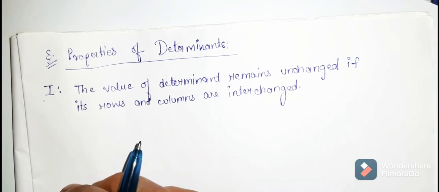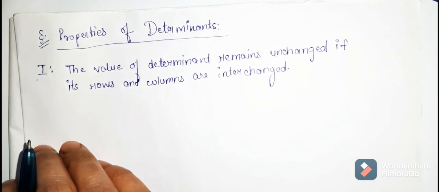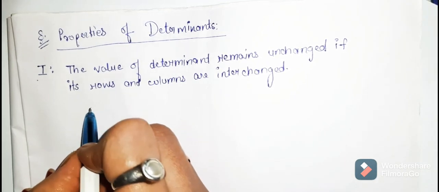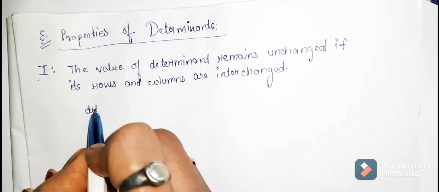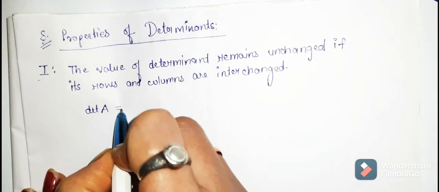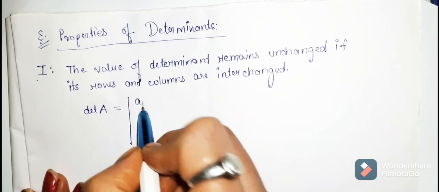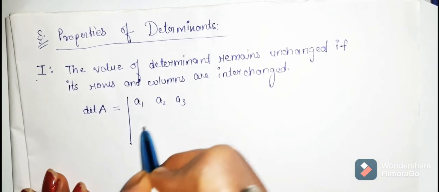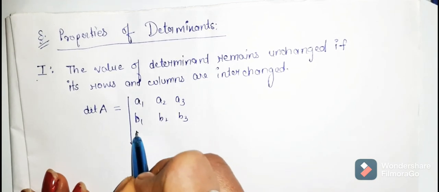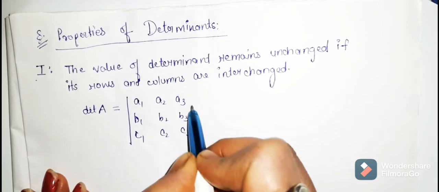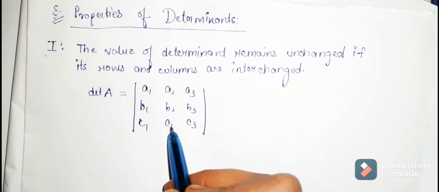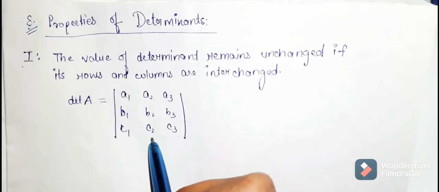Okay, suppose you have a determinant A1, A2, A3, B1, B2, B3, C1, C2, C3. So first row, second row, third row, first column, second column, third column.